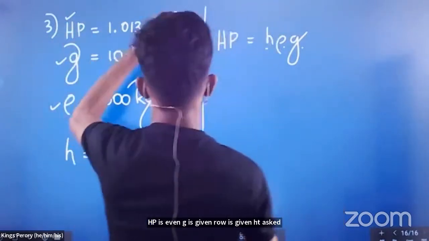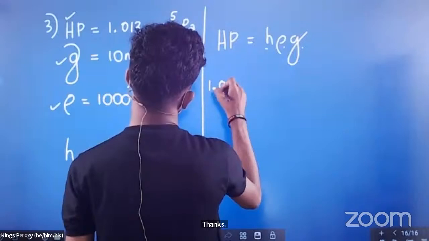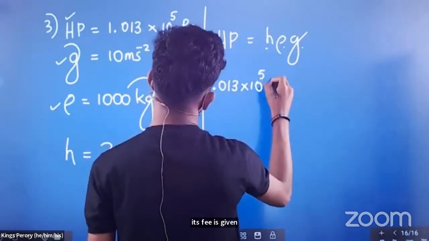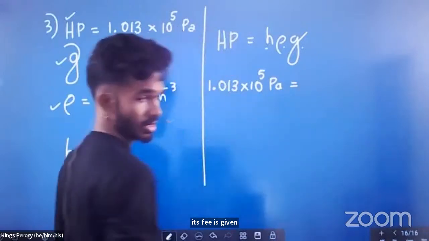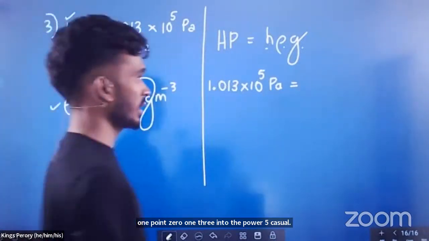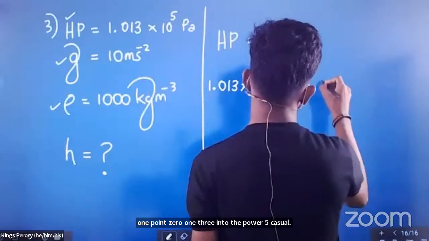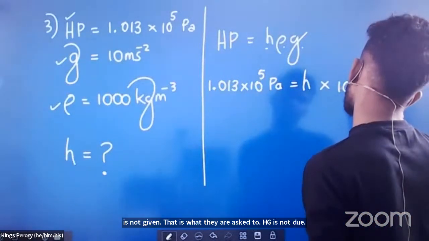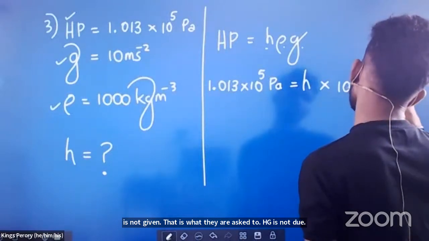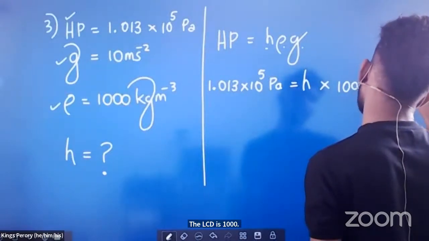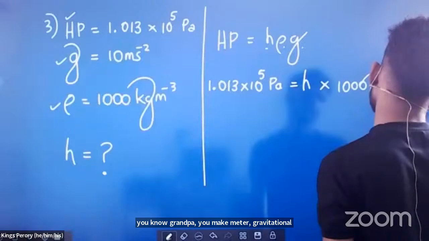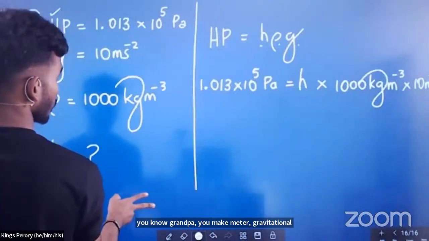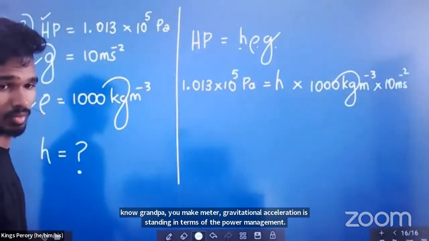P is given, g is given, rho is given, h they ask. P is 1.013 × 10^5 pascal. Depth is not given, that is what they are asking. Density is 1000 kilogram per cubic meter. Gravitational acceleration is 10 m/s².